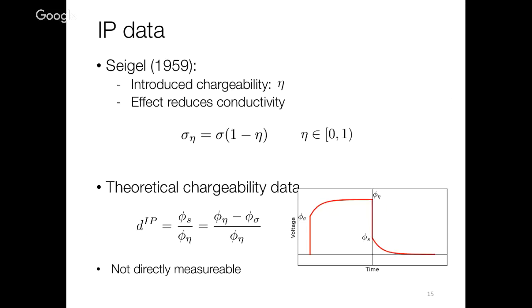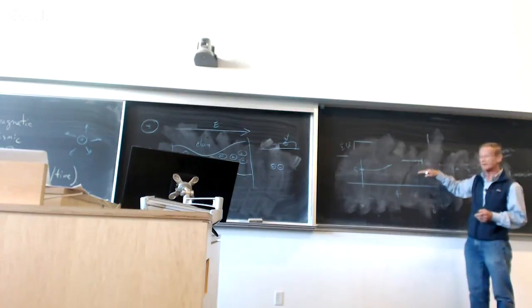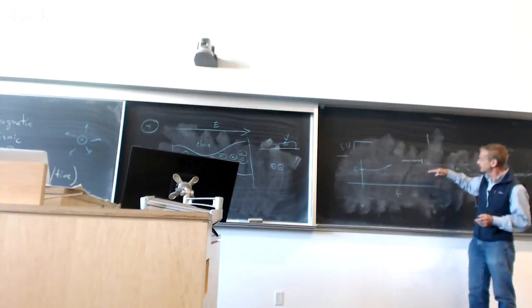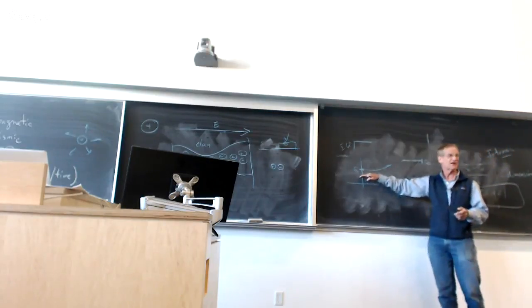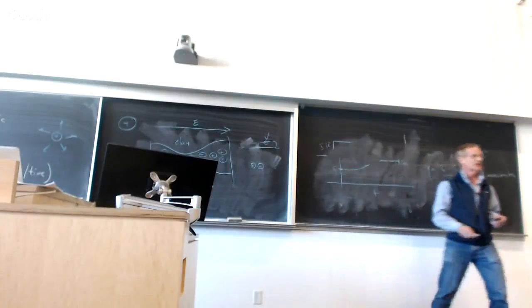So the effect of chargeability was really to alter the conductivity. If I have a conductivity at infinite frequency, and then I reduce that frequency down to 0, then there's some differential in that bulk conductivity.